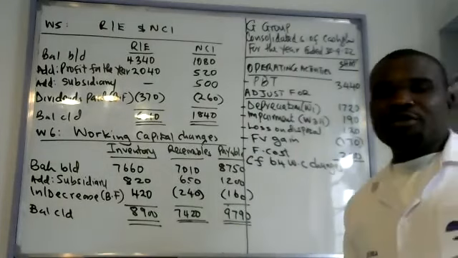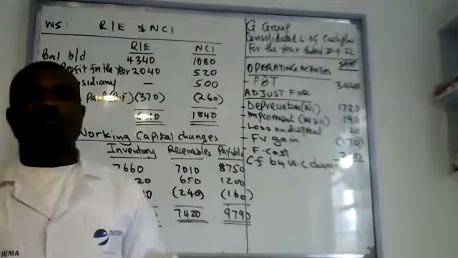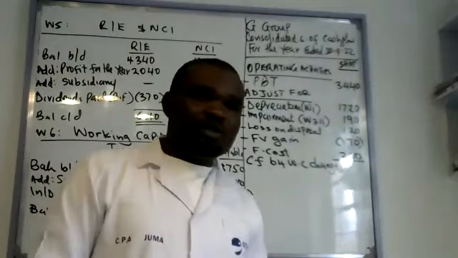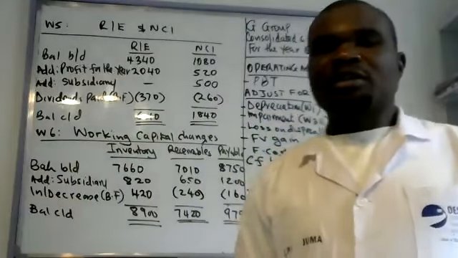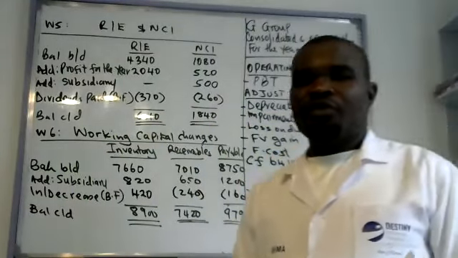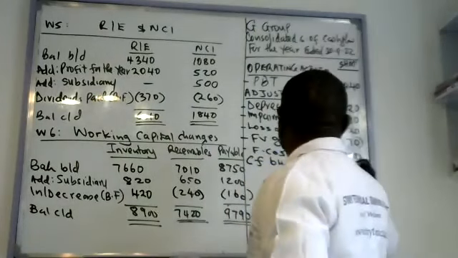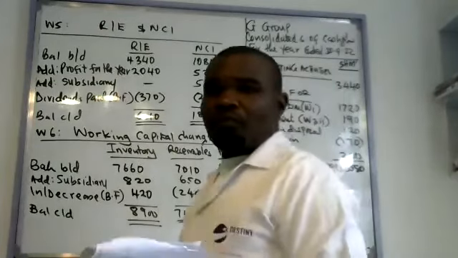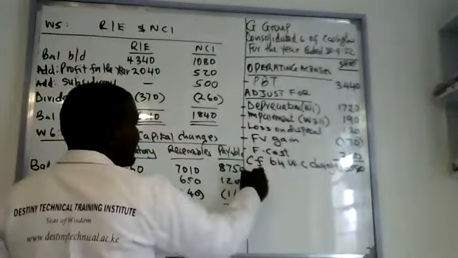Someone quick, time is not on our side. When you're talking it means people differ with Halima. 5580, Mercy. Someone else? Susan 5580. Halima, you check yours. 5580. People are getting 5580.